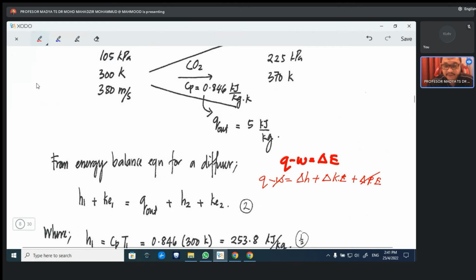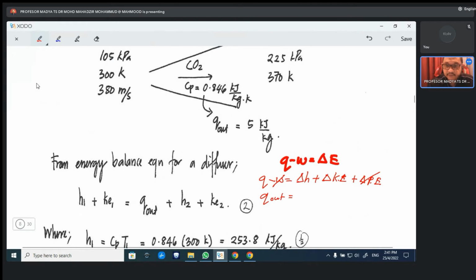So when there is a heat loss, you have to put Q out here. Q in is equal to 0, because Q in is not mentioned in this problem.